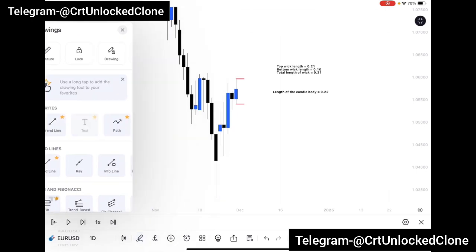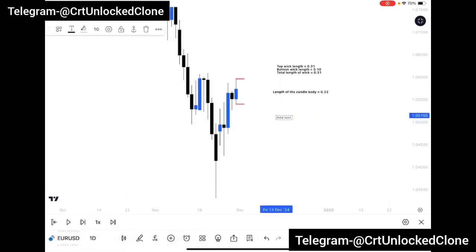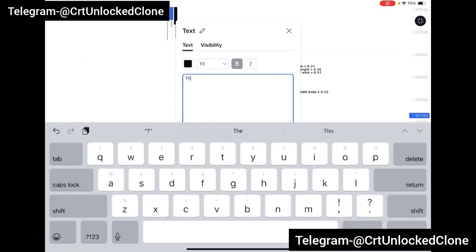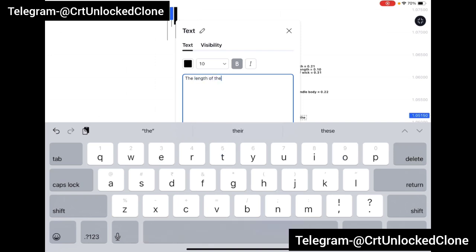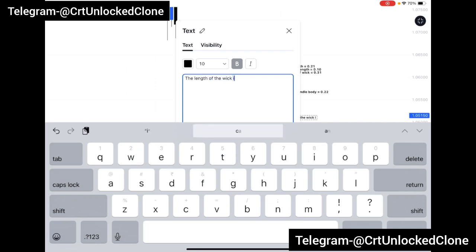So again, text, the length of the wick is greater than the length of the body.